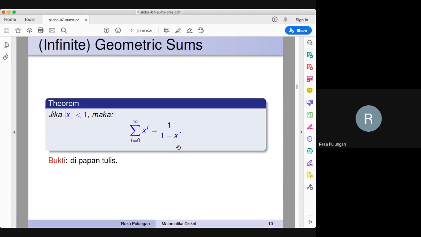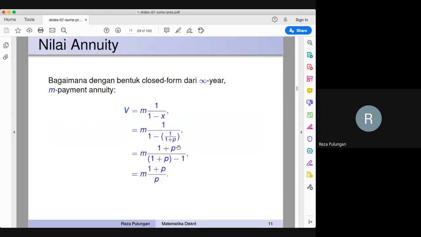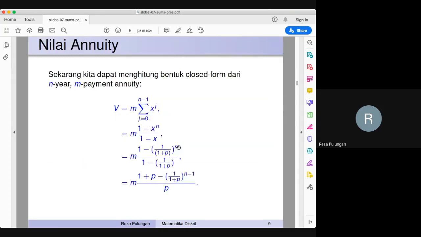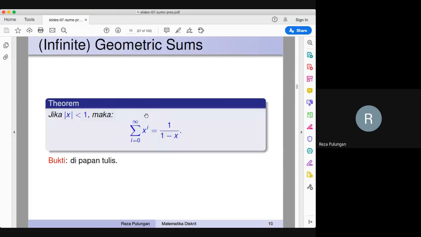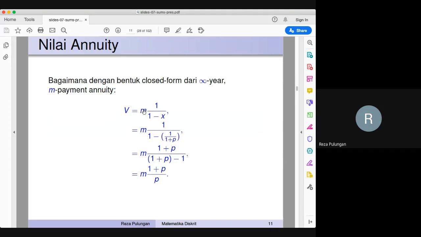How do we use this? We can use it to compute our infinite annuity. Look back at our annuity. If this annuity is forever, then j goes from 0 until infinity, and we can compute this according to this theorem. This will be equal to m multiplied by 1 divided by 1 minus x.